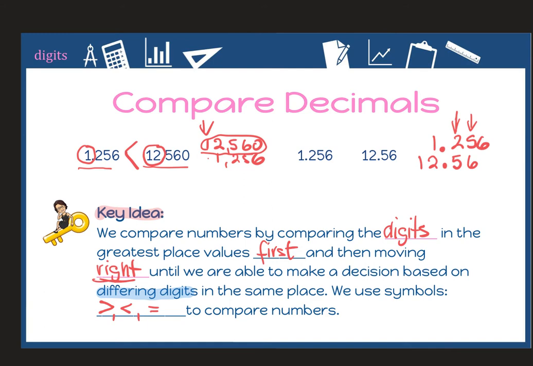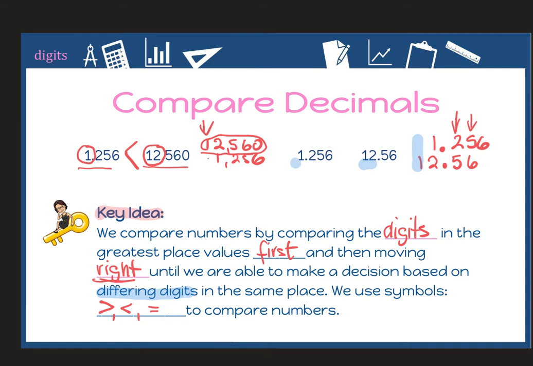If you look at the first place value here, the number 12 and 56 hundredths has the digit 1 here. The number 1 and 256 thousandths has nothing here. So even though the numbers have the same number of digits, with decimals we can't say they are the same, because 12 is not the same as 1.